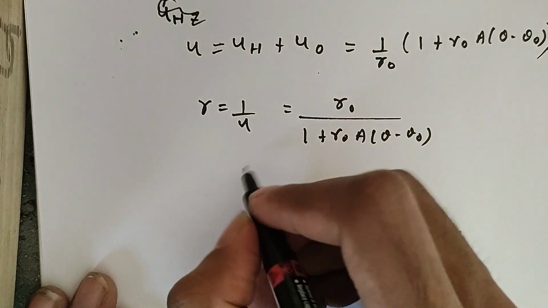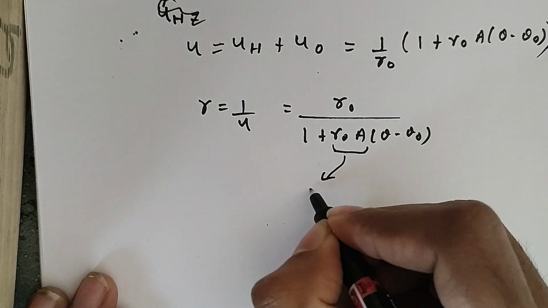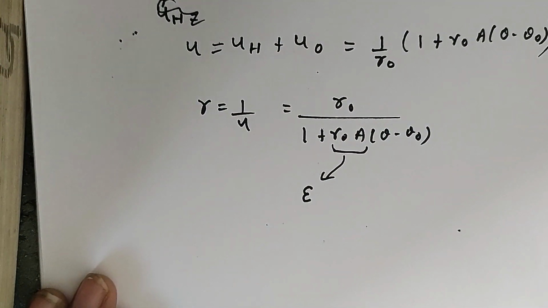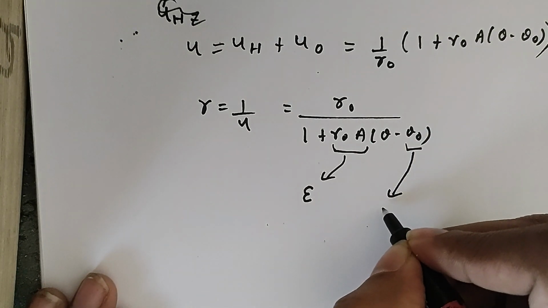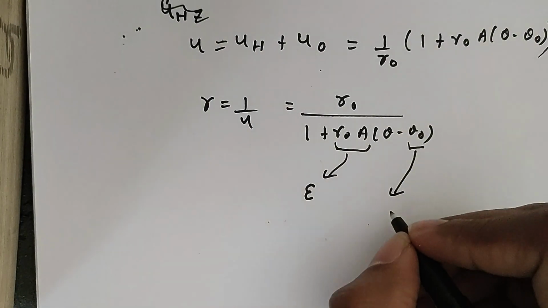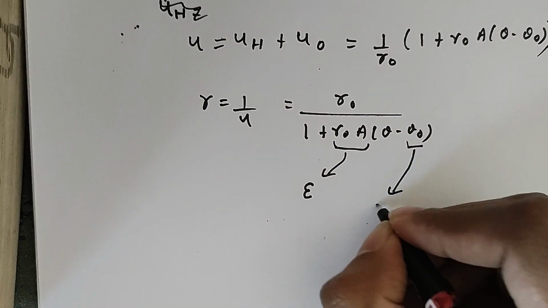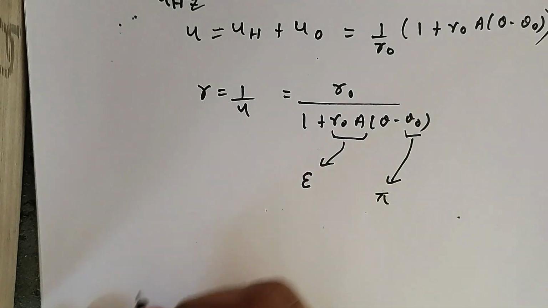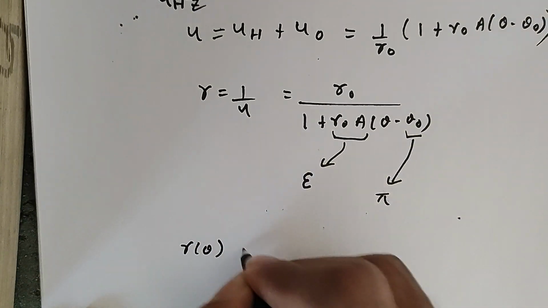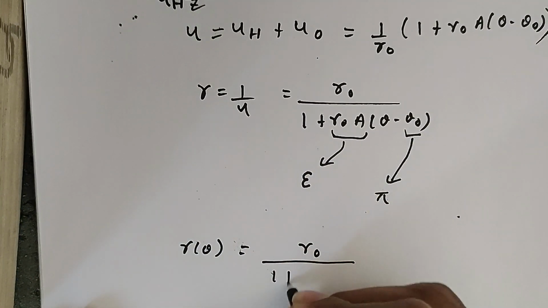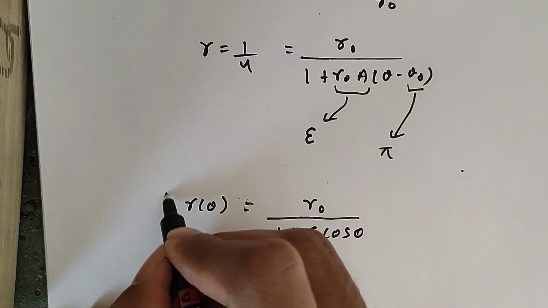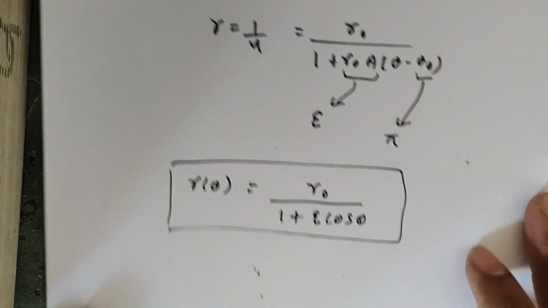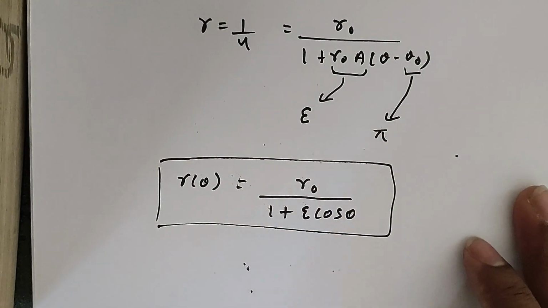Now I define this quantity as my epsilon, and theta naught is a constant, and I have absolute freedom to set it to whatever I want, so I'll choose pi. Voila, we got the same equation that we found by the first method.